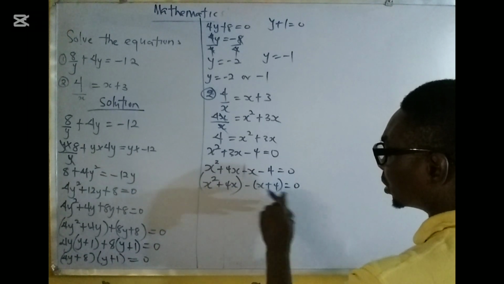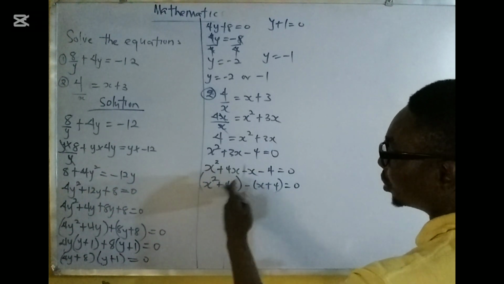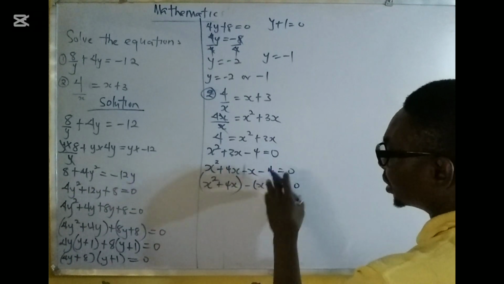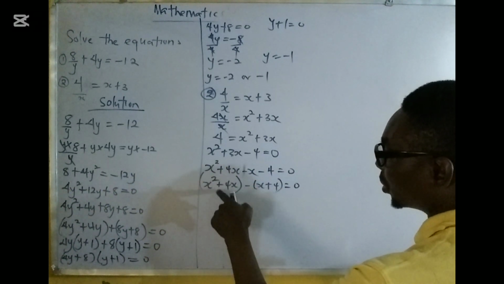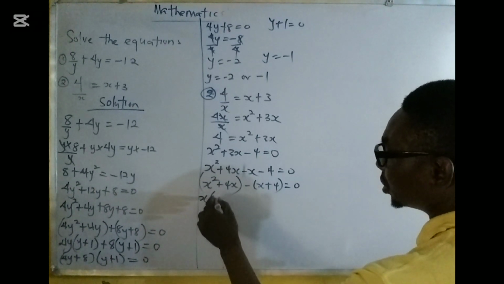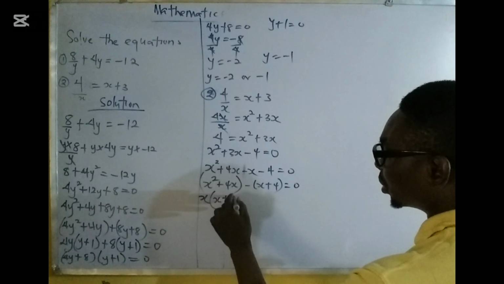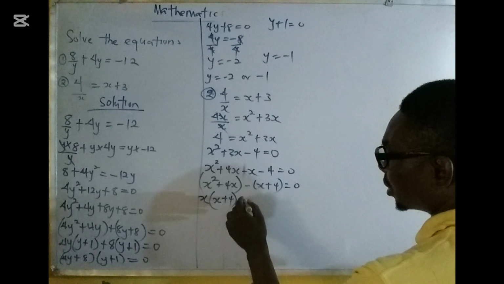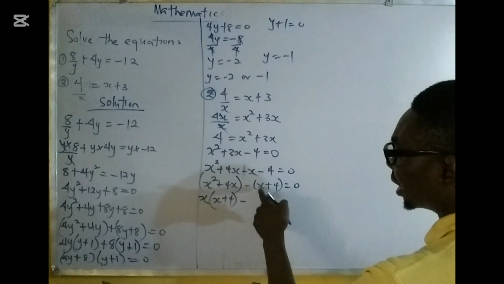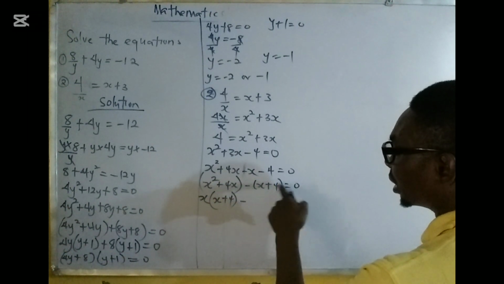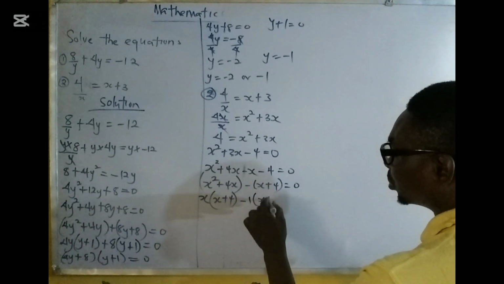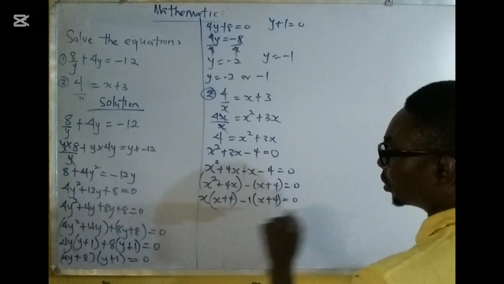So this time around, we need to factorize each of the terms in the bracket. So x squared plus 4x. What is common? We have only x. So x now into x plus 4, minus 1, because 1 times the whole of the terms in the bracket will still give you the terms in the bracket. So I have 1 into x plus 4 is equal to 0.